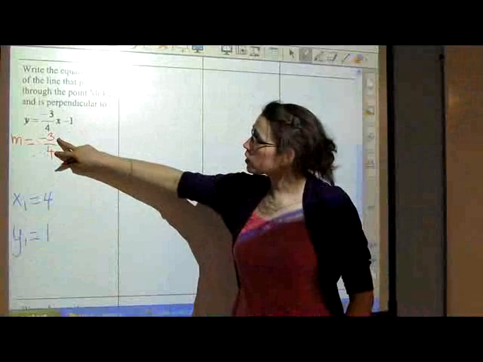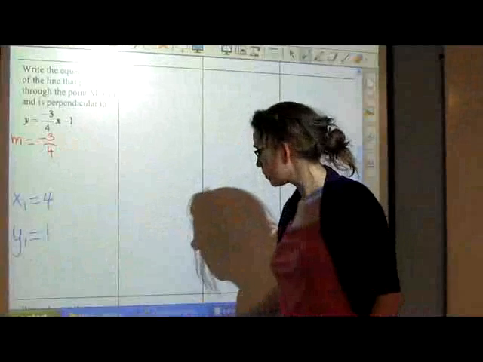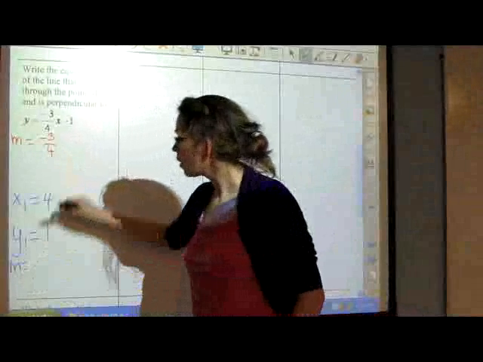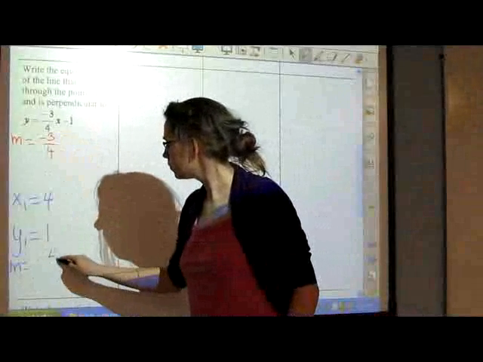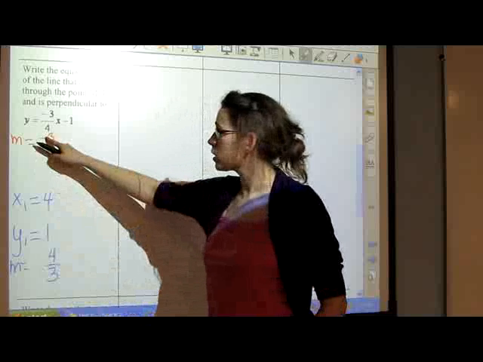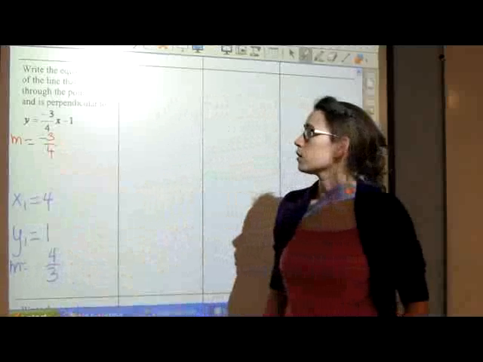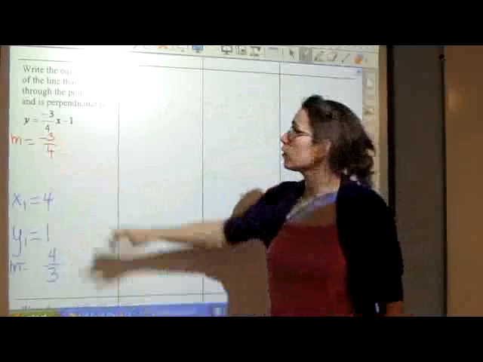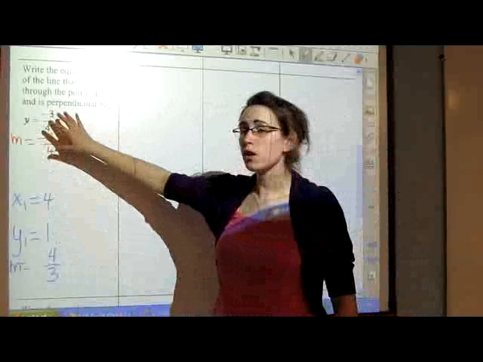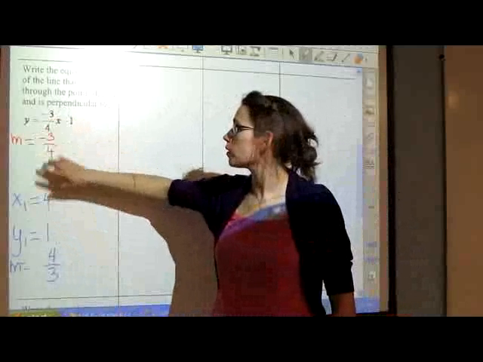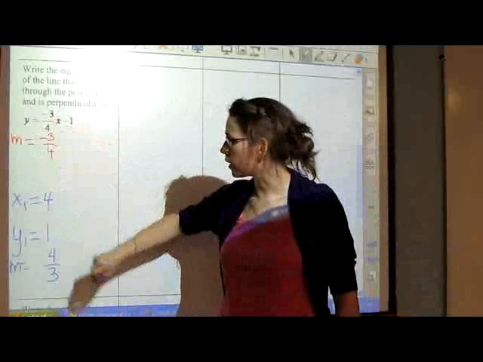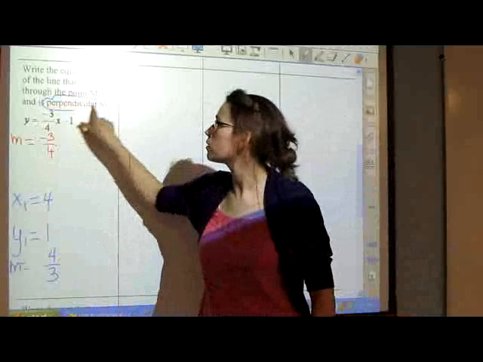We're going to take this slope, flip it upside down. Because this one's negative, ours will be positive. So the information we're pulling from here is our point, and we get our slope from the equation of this line. So flip it upside down, make it 4/3 because it's perpendicular.